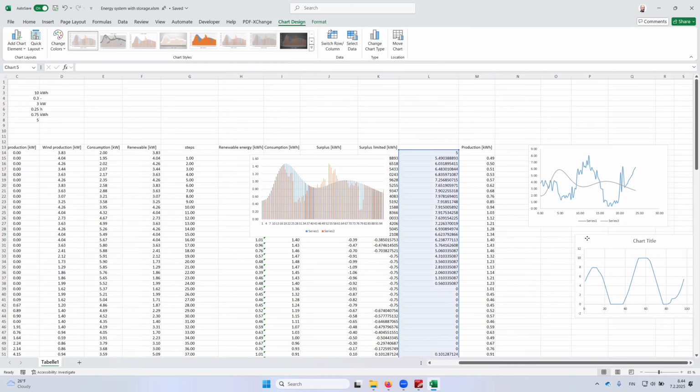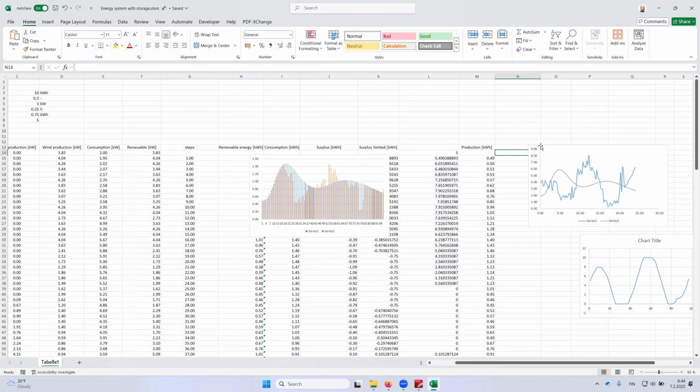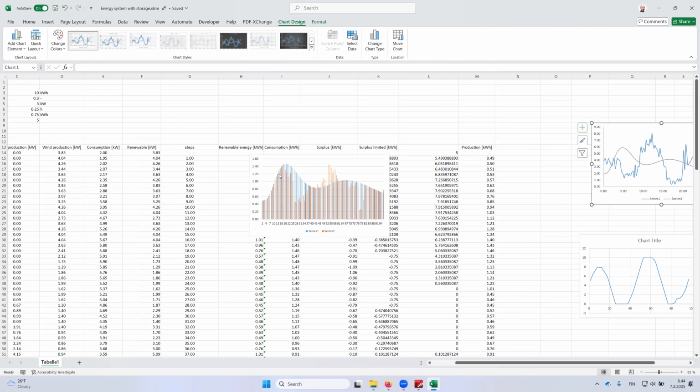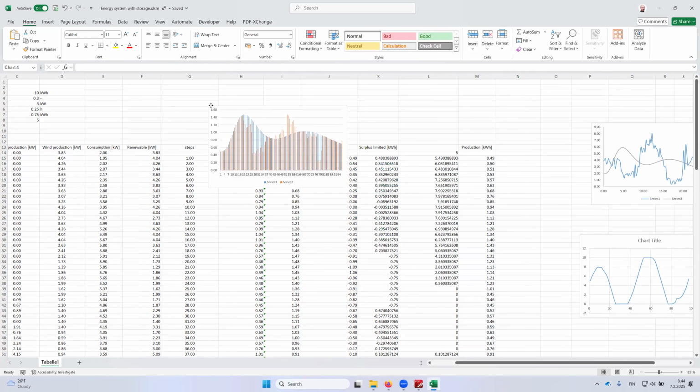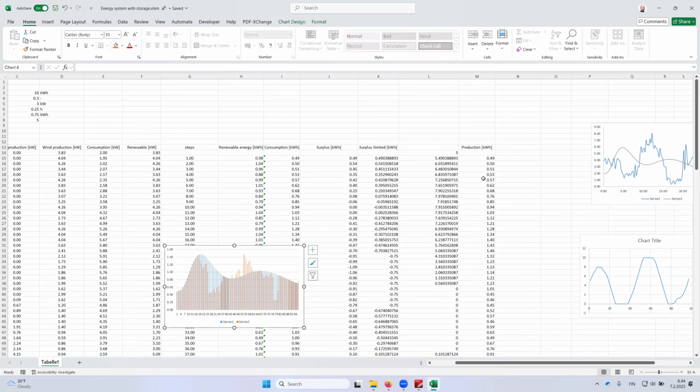And now if we were to calculate how much we can cover from here, then this production, it's this one, I can say that, let's take this one out of the way. Well, we can just call it, this would be overall production, and this would be kind of the coverage, in kilowatt hours.